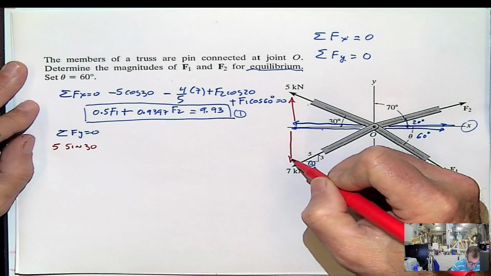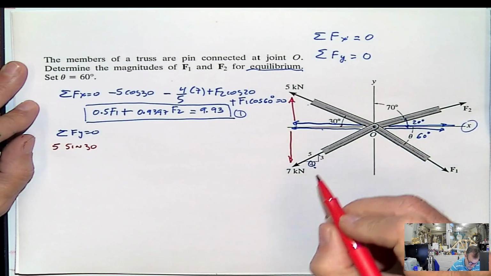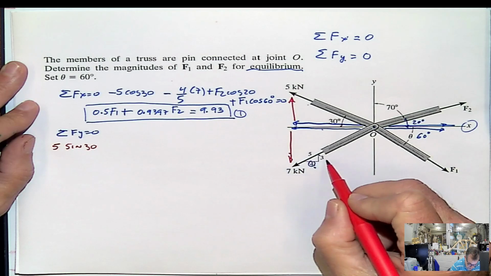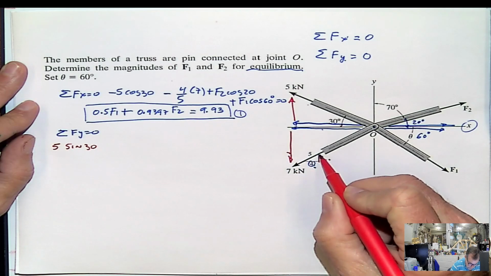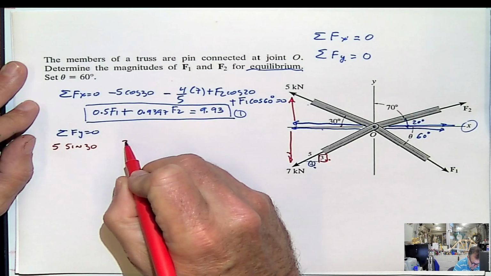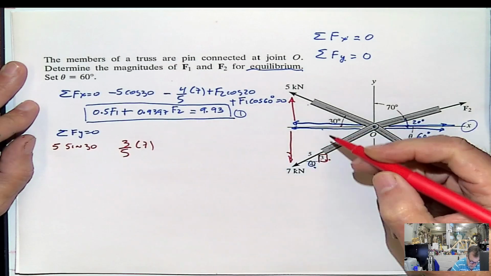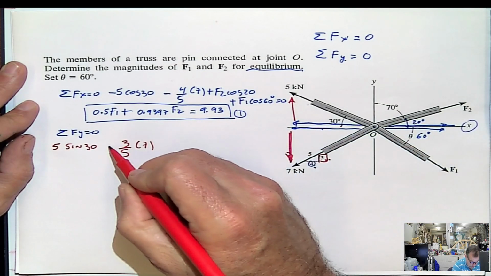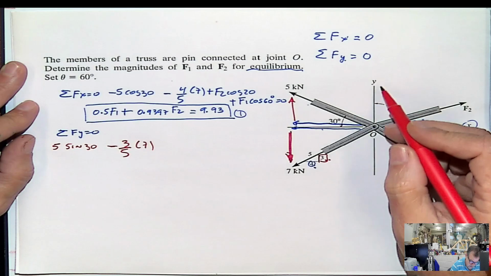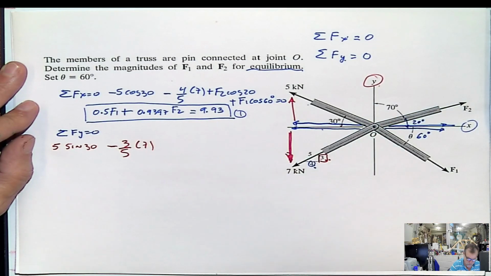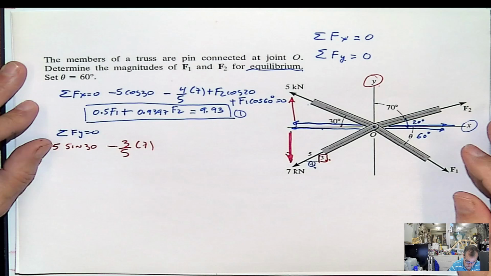Now we have this other component here, and you see these are parallel, so that will be 3/5 times 7, but it's negative because it's opposite to this one, which in this case is downwards.